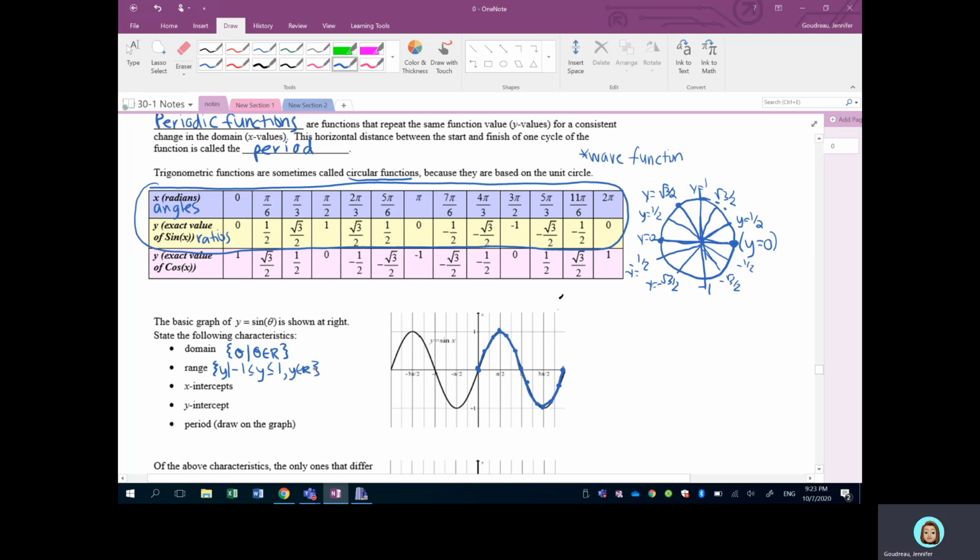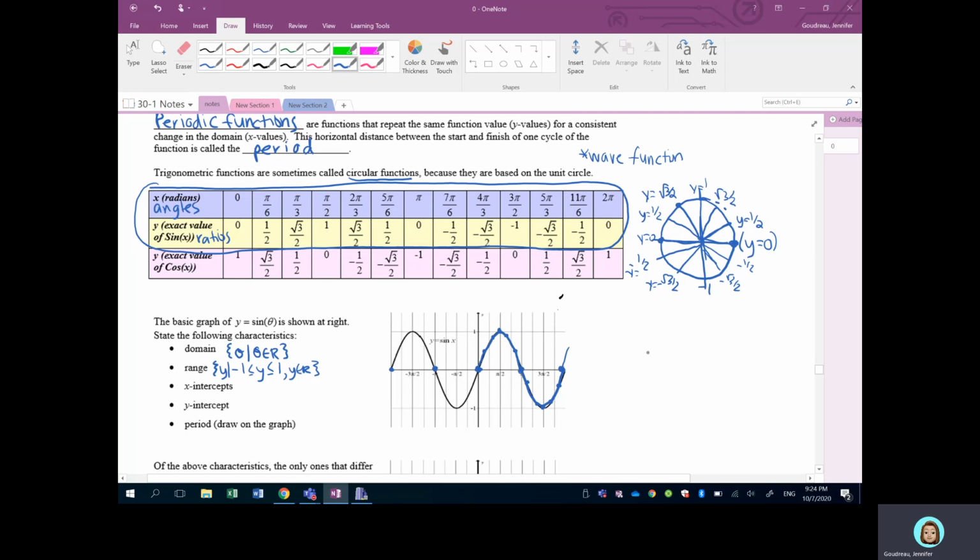If we have a look at what the x-intercepts are, because it's a periodic function and it's going to continue this same pattern forever and ever, we have a bit of a problem with the x-intercepts. Even just on this bit that we've graphed here, there are 5 x-intercepts. And should we continue this graph, the x-intercepts are just going to keep emerging.